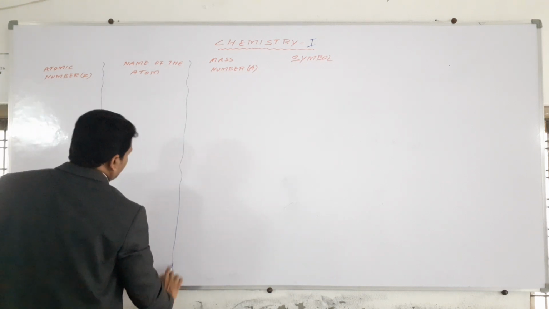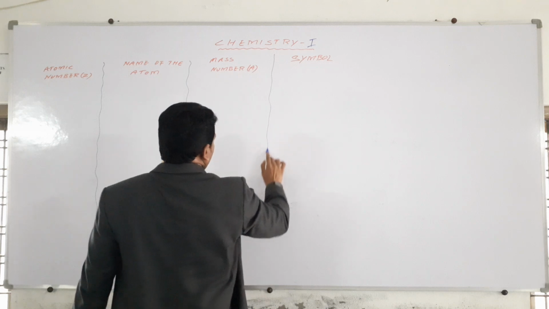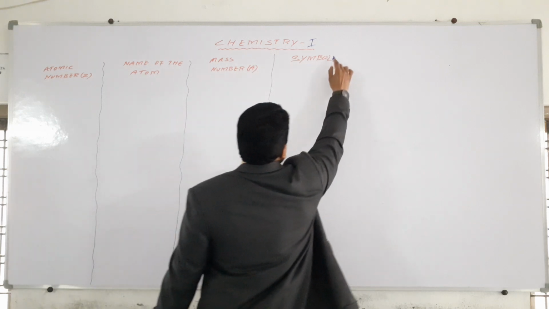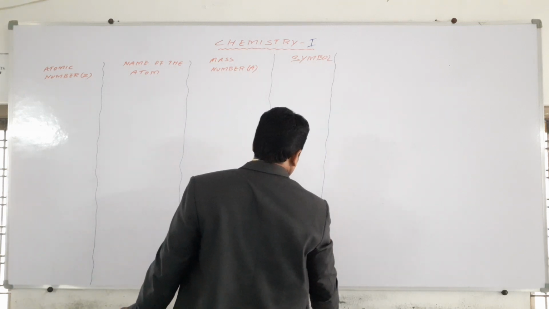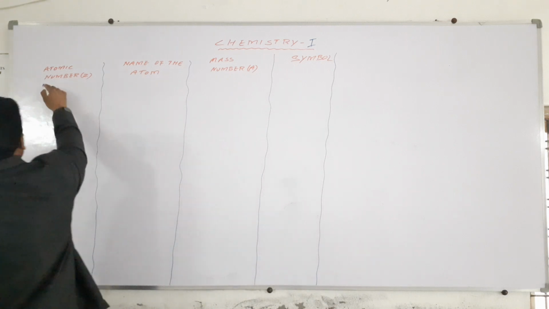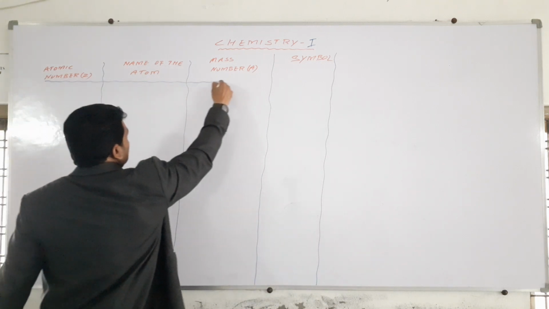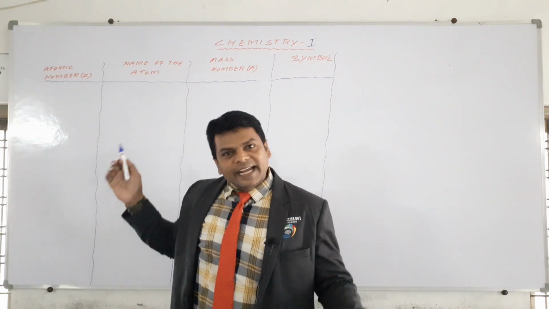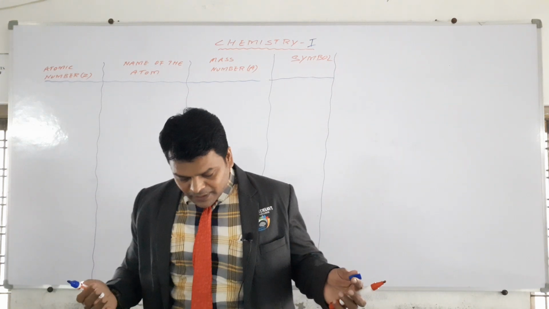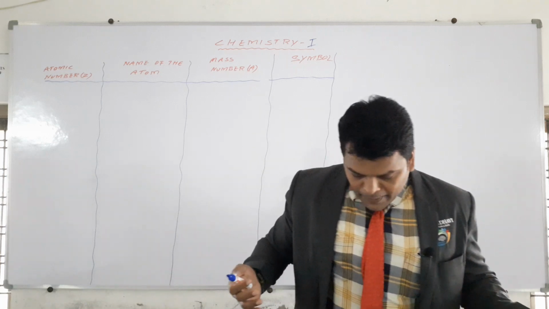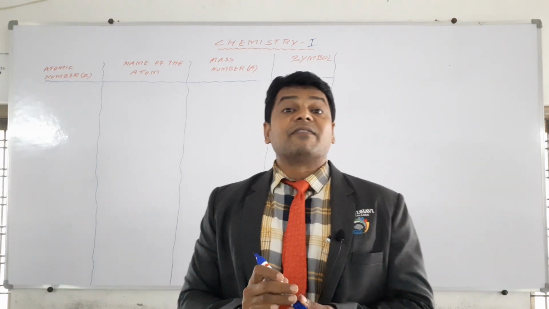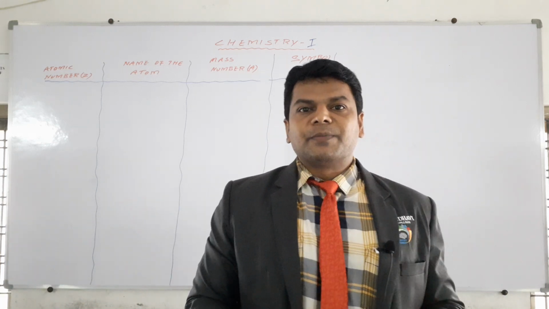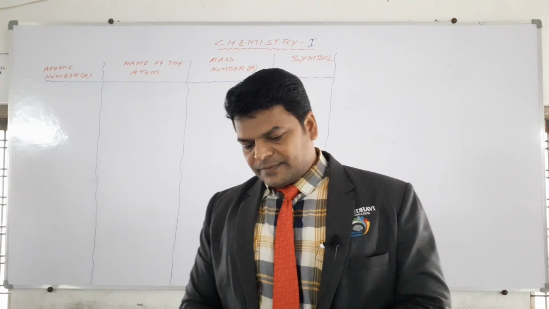So first 20 atomic numbers and atomic weights you have to learn, because in total we have 118 atoms. Learning about 118 atoms is very difficult for you, because you came from the SSC.